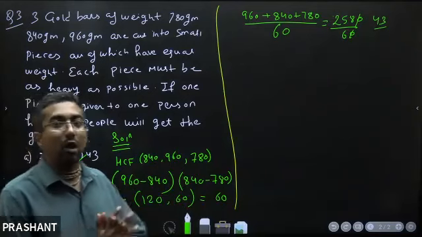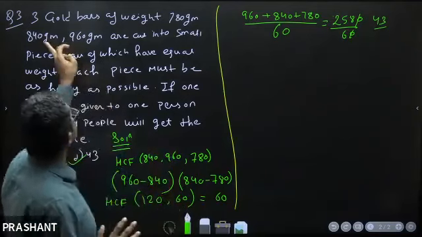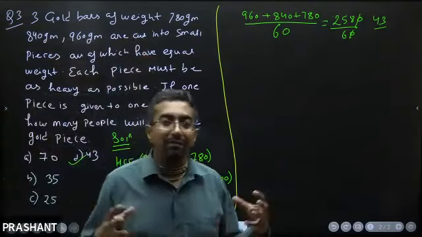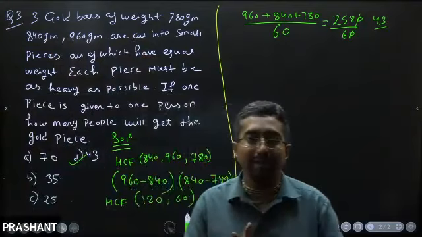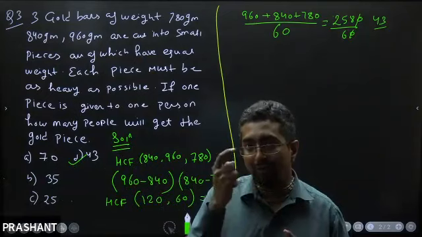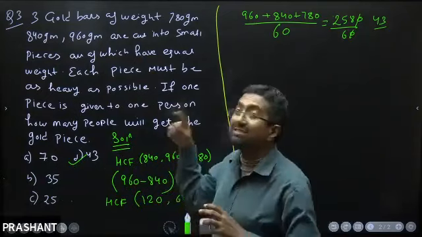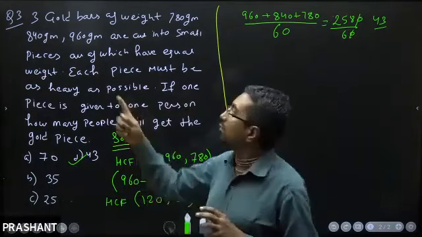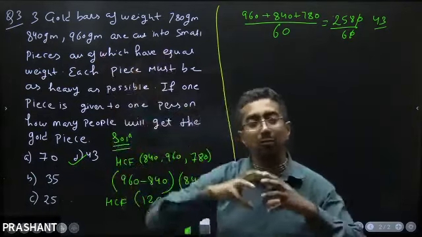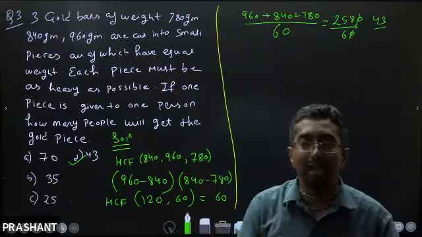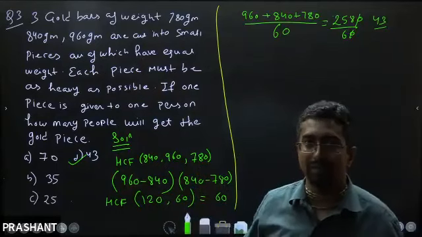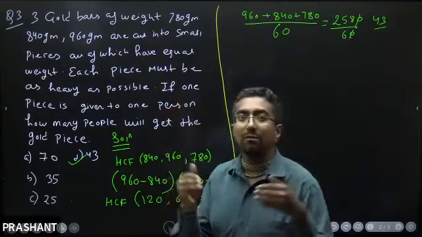समझ में आ गया। So अभी we know that ये तीनों gold piece का when we will melt it and when we will try to make 1 small gold piece of maximum, as heavy as possible. देखो ये तीनों गोल्ड पीस को मिलाकर एक को नहीं देना है, we have to distribute among the number of people.